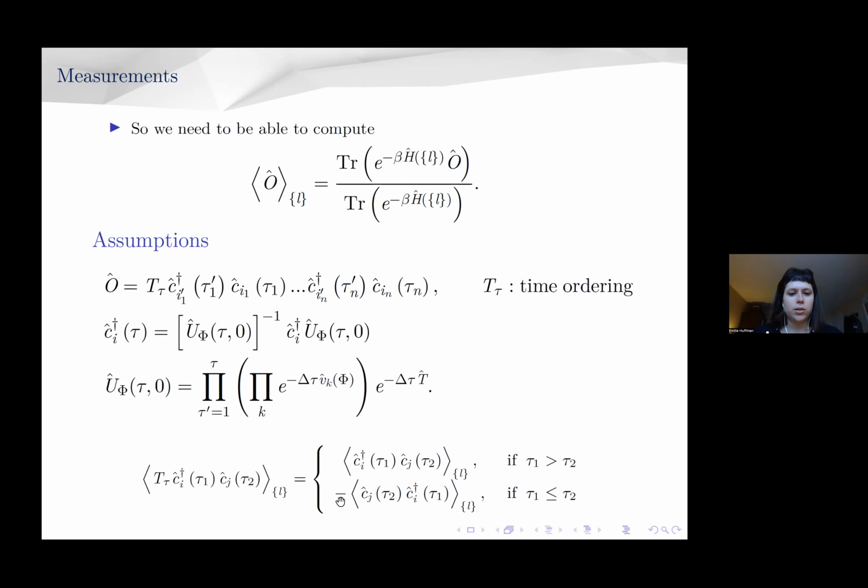And then there's also a sign that gets introduced related to the fermion anti-commutation with this operator definition. And as a note, this really is an operator that does something. These fermionic operators don't easily just anti-commute past each other in reality, because we have the definition when it has a time dependence. There's actually this U operator here, which evolves it in time. And so the definition is given there.